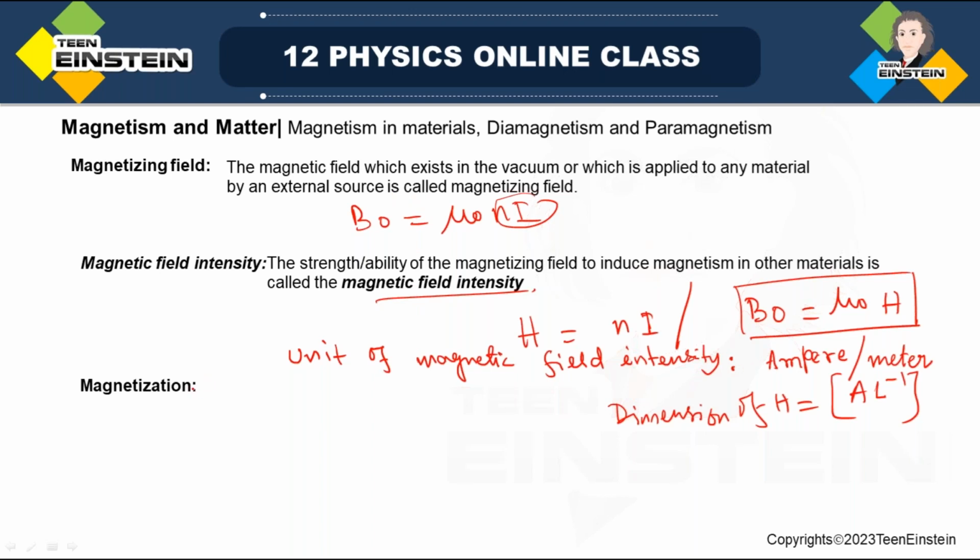Now we'll see what is magnetization. Magnetization is sometimes also called intensity of magnetization.